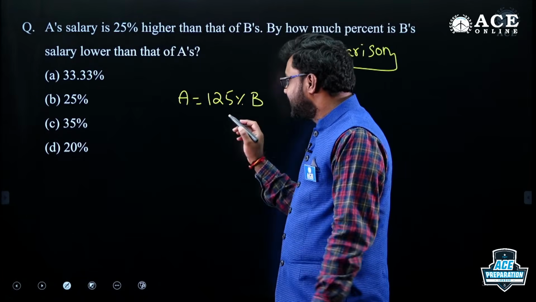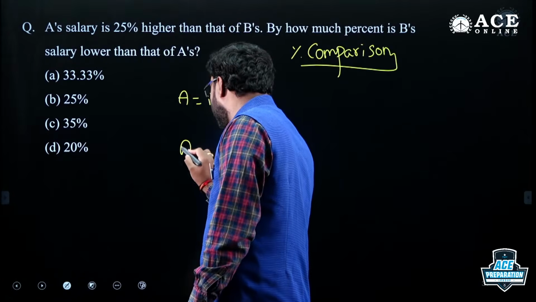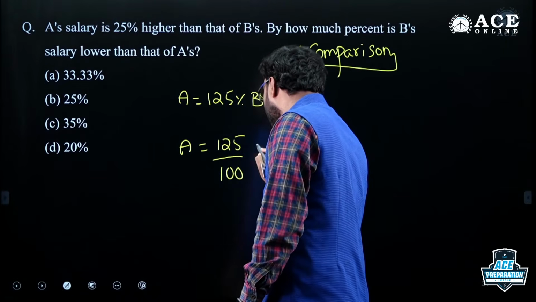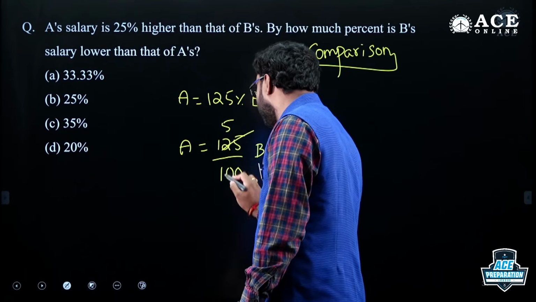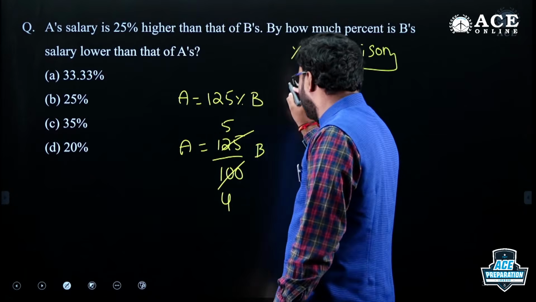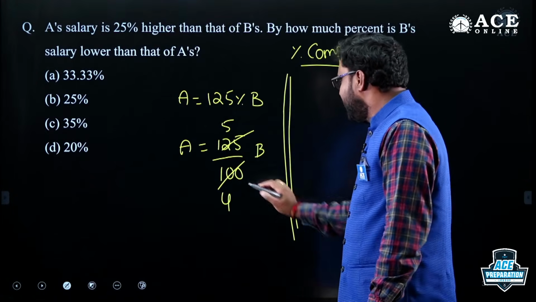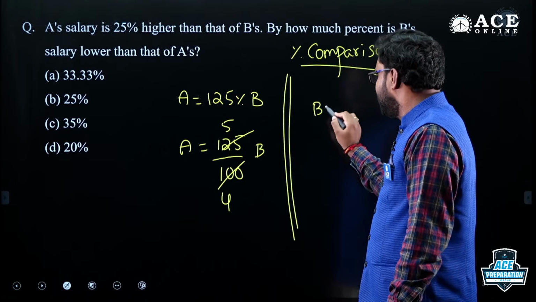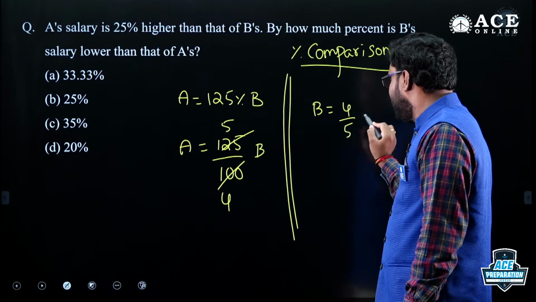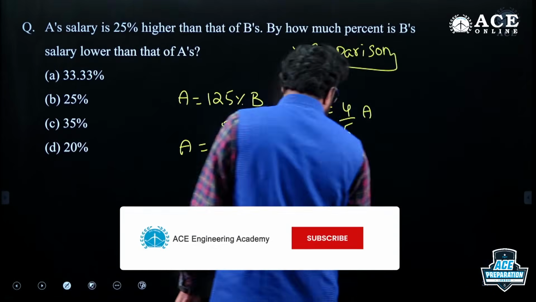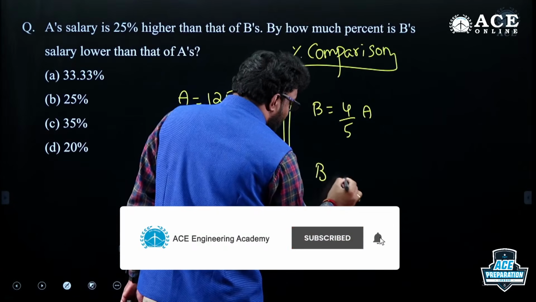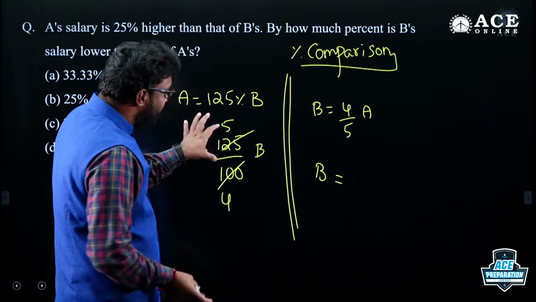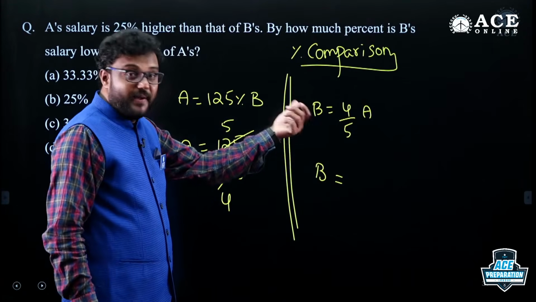Now see, A is 125% of B. 125% means 125 divided by 100, I got it like 5 by 4. A is 5 by 4 times of B. Now, what is B here? B is nothing but 4 by 5 times of A.